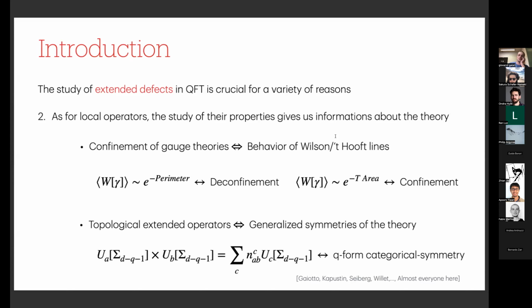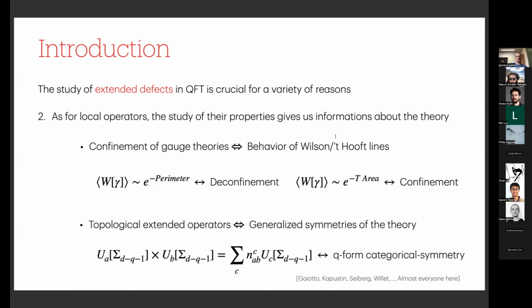In order to understand this concept, we have to look at the behavior of very large Wilson lines or 't Hooft lines. If the Wilson line approaches a perimeter law behavior, we say that the theory is deconfined, while if the Wilson line approaches an area law behavior, we say that the theory is confined.